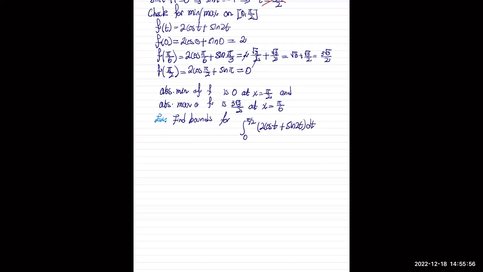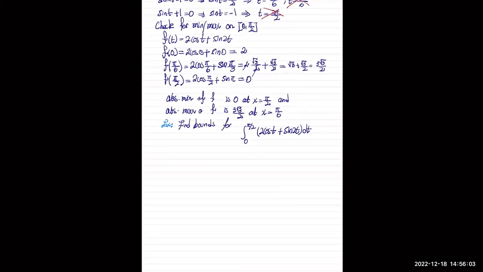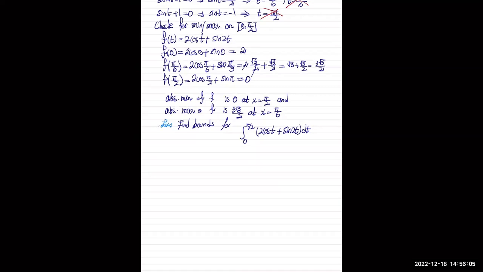We can find the value of the integral, but that's not what you're asked. You're asked to find bounds, and then we're going to actually find the integral and see if the bounds are good. They should be good.